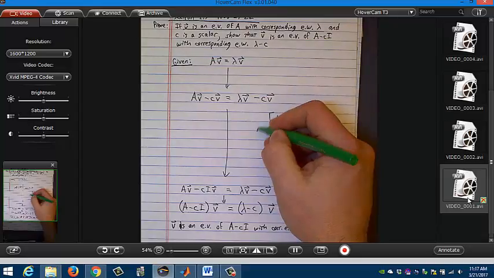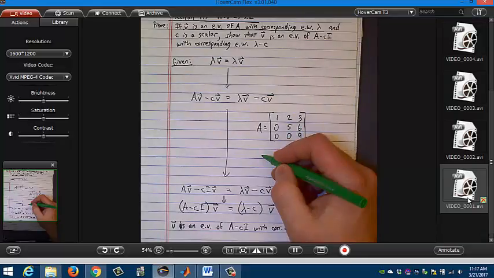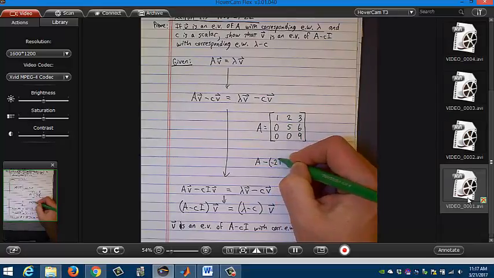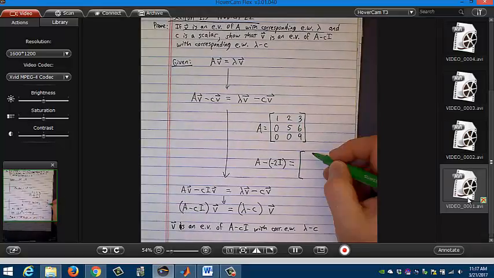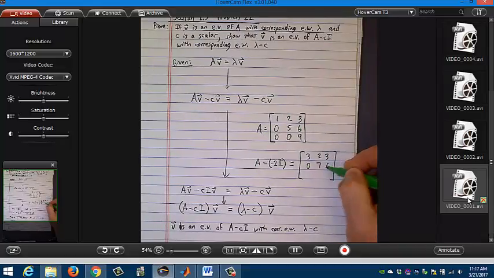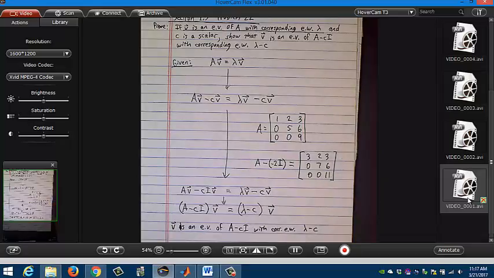Now what if I did A minus negative 2I, which really means A plus 2I? That would be this matrix: 3, 2, 3, 0, 7, 6, 0, 0, 11. So what did I just do to the eigenvalues? Added 2 to each of them. This is a way of shifting the eigenvalues. And that's why it's important. The eigenvectors stay the same. The eigenvalues are shifted.